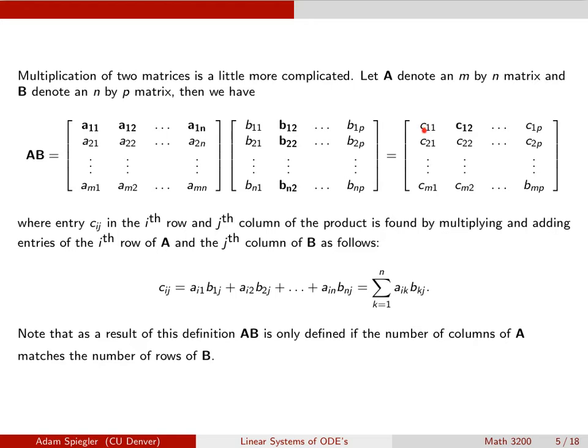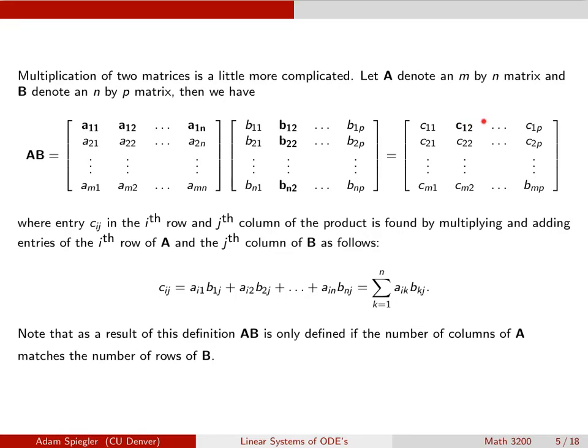So in order to get C11, I would take A11 times B11, A12 times B21, all the way down. So I'm going to multiply this times this, this times this, all the way down to that times that, and add them all up.